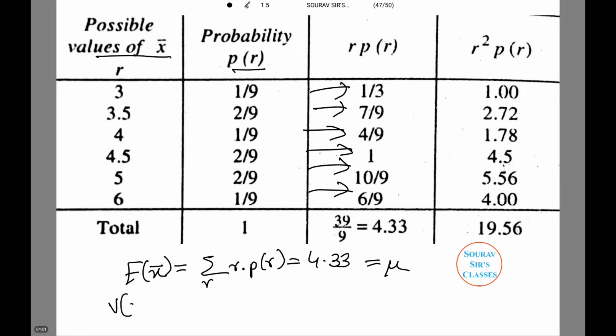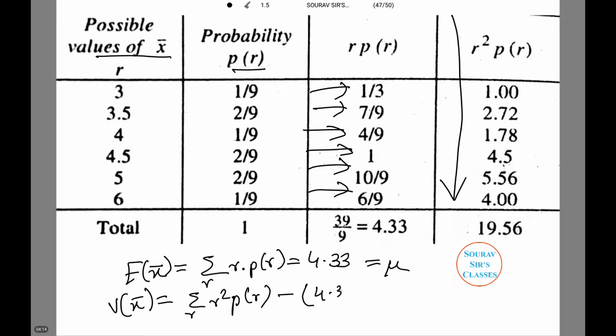Now variance of x bar equals summation x square p(x), that is our fourth column, minus 4.33 square, which is equal to, upon calculation, 0.8.